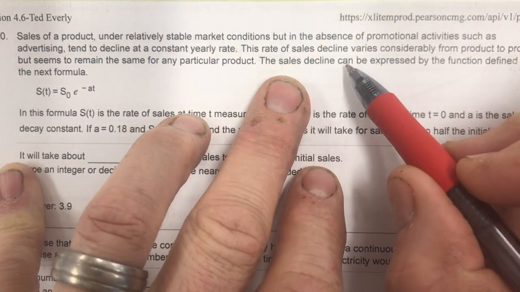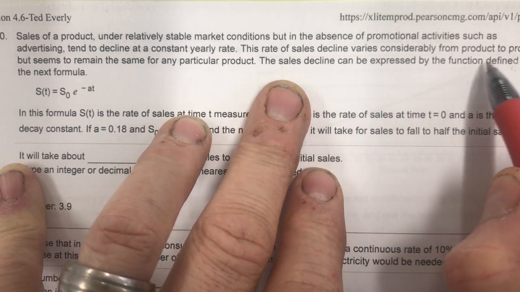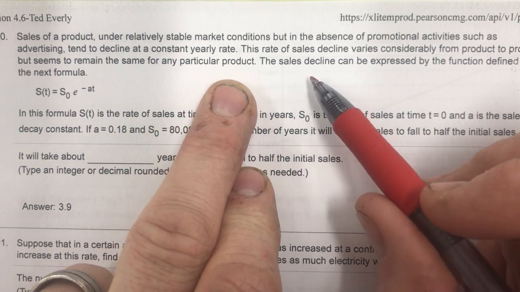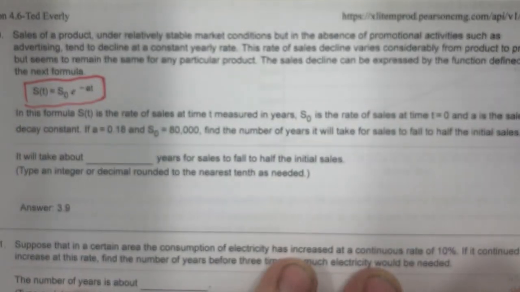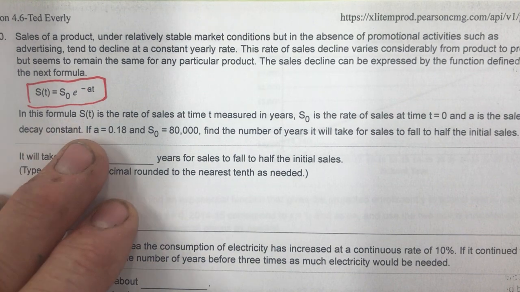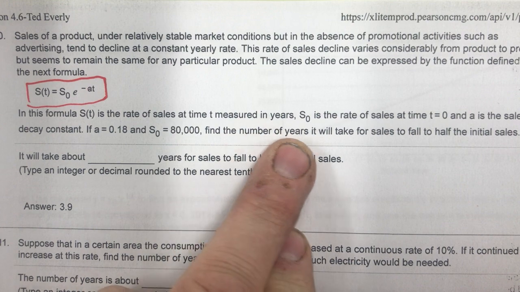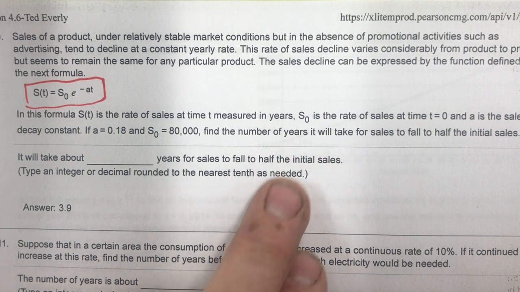If the rate of sales decline varies considerably from product to product, but seems to remain the same for any particular product, the sales decline can be expressed by this function right here. So here's my sales decline, and you can see A is negative. It's declining. In this formula, S sub t is the rate of sales at time t measured in years. S sub 0 is the rate of sales at time t equals 0, and A is the sales decay constant.